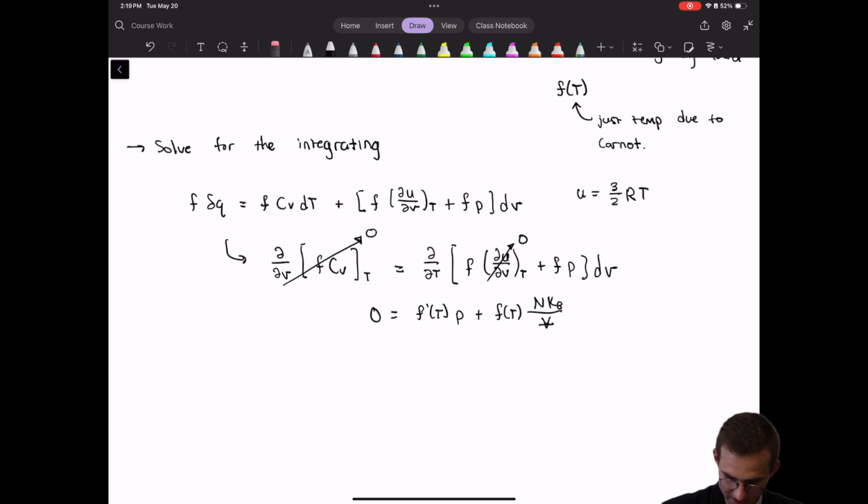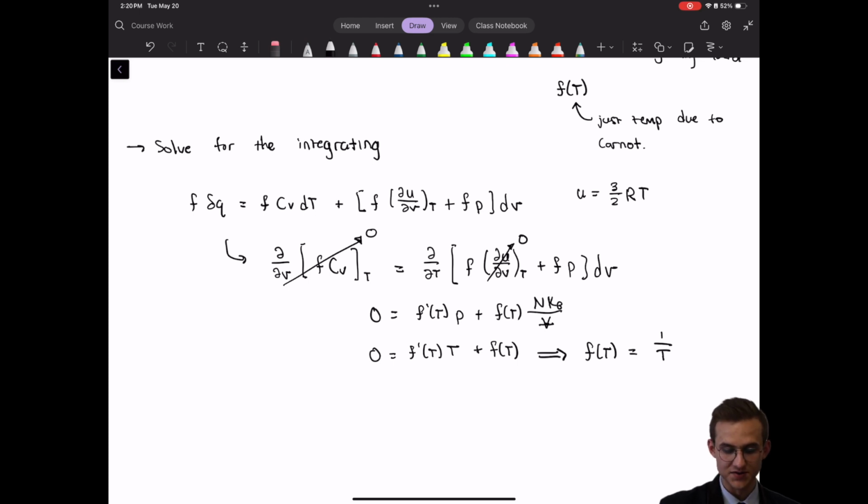So then we can divide both sides by N kB over V. And what you end up with is F prime of T times T plus F of T, which is just an ODE, okay? A first order ODE. And so you can check this yourself, but it turns out that the solution to this first order ODE is actually just 1 over T. Okay, the general solution.